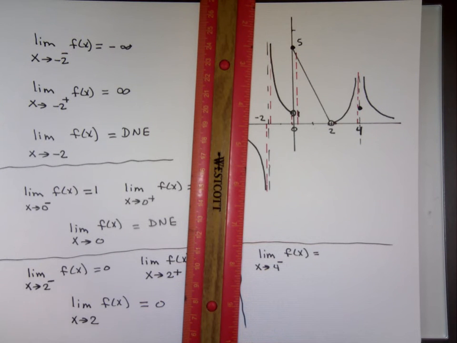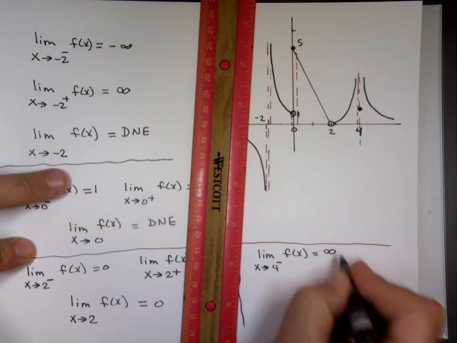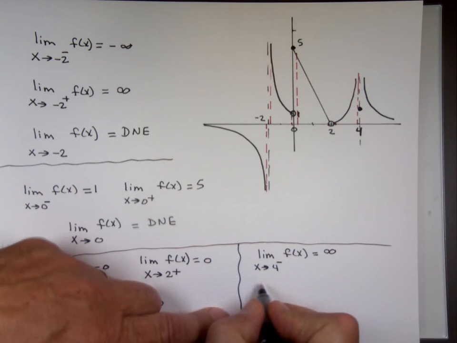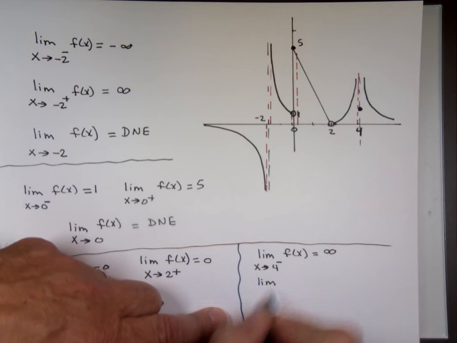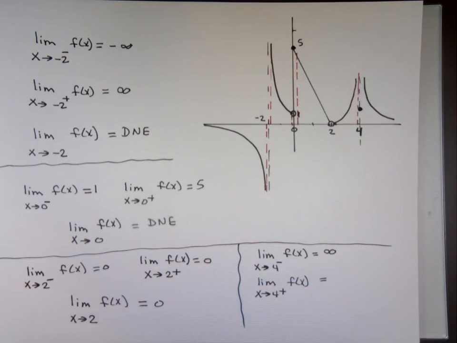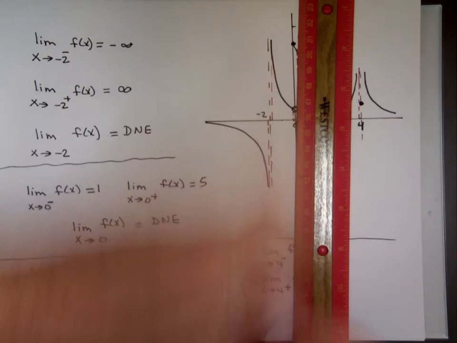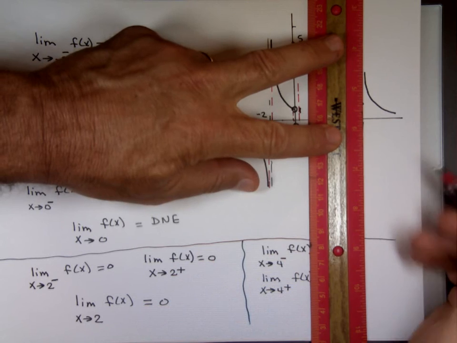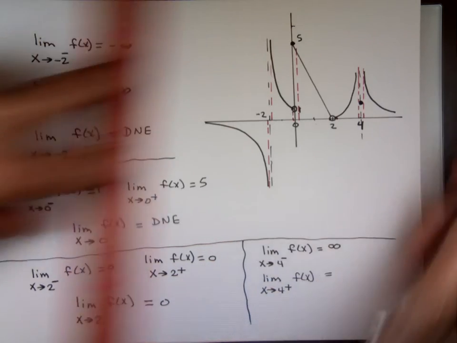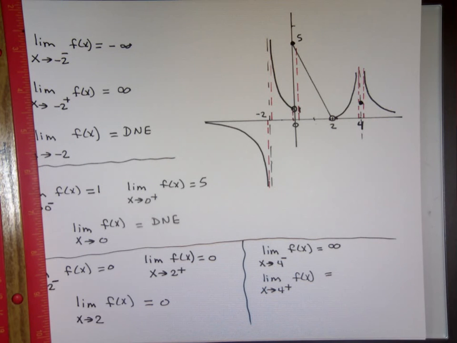Plus infinity. Now, when you approach the 4 from the right side, what is that equal to? From the right side again, right after the 4, where are we going to touch the graph? At also positive infinity, way up there.